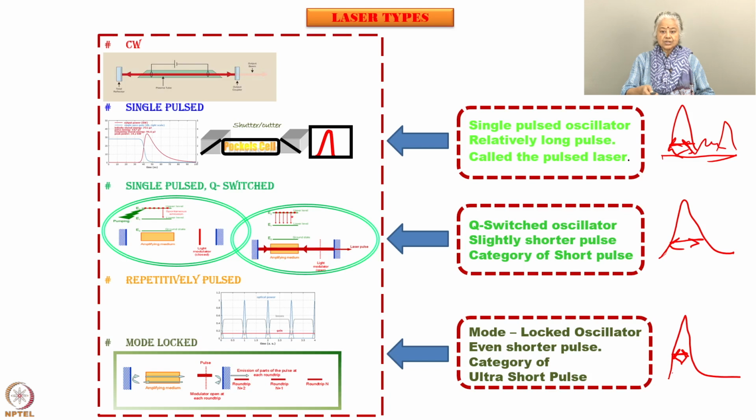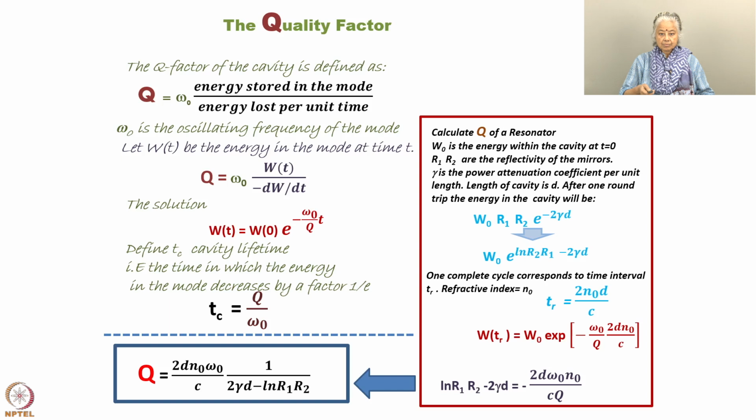Now we go into a little bit more detail of what is a Q switched pulse. It is a very important method of getting pulsed lasers. Before I get into Q switching, I have to define the property that is a quality factor.